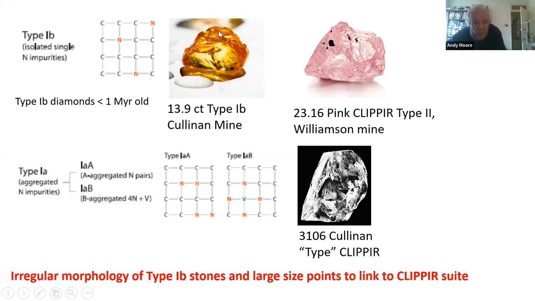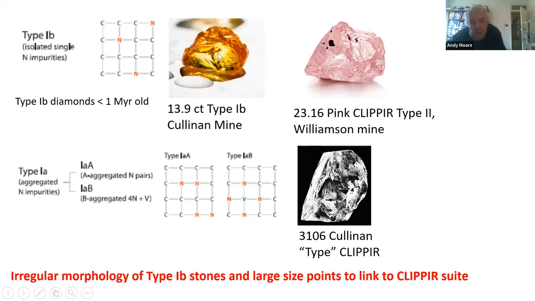And all of those were irregular stones, highly unusual morphology. And if that was white, you'd have said without any hesitation, it's a clipper. So that's the only evidence I can give, is the morphology links this to the clippers.